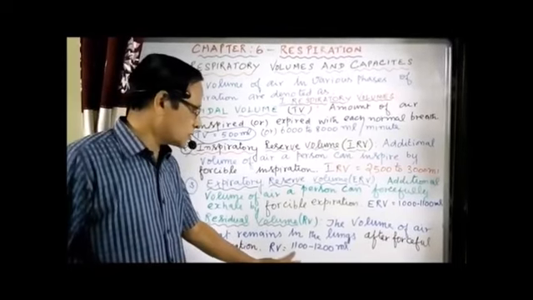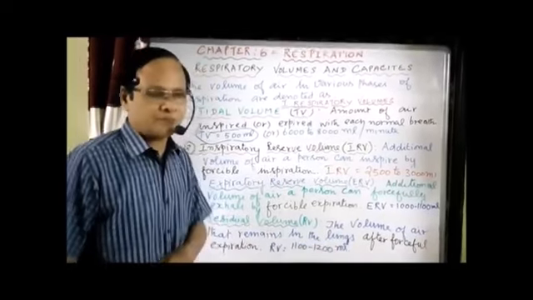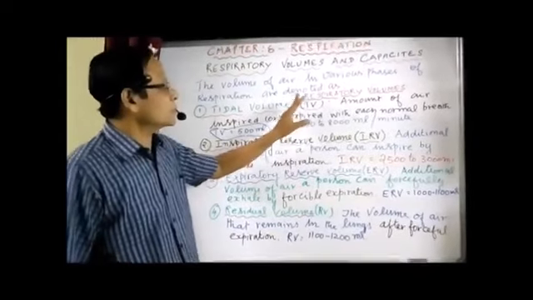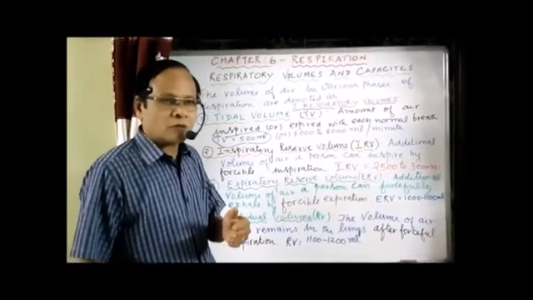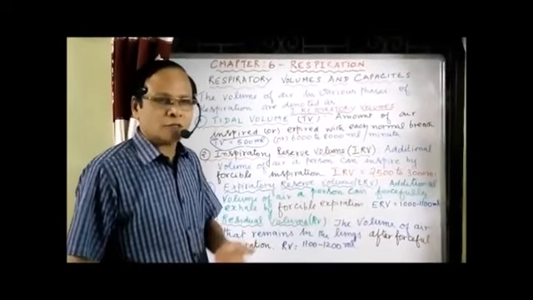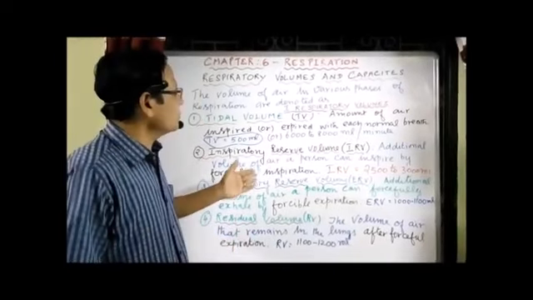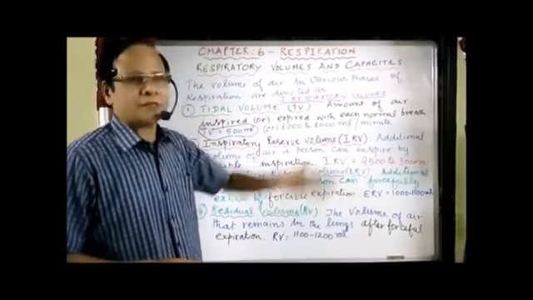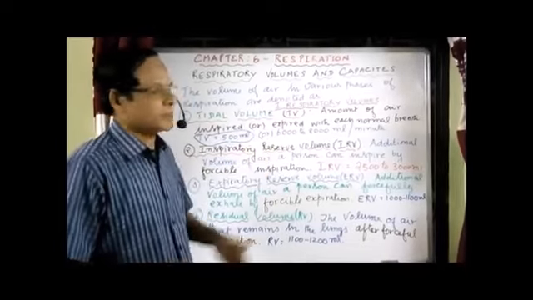It is about 1100 to 1200 ml. So this is about the respiratory volumes based on forcible inspiration, forcible expiration, etc. Now we go to the next one, respiratory capacities.